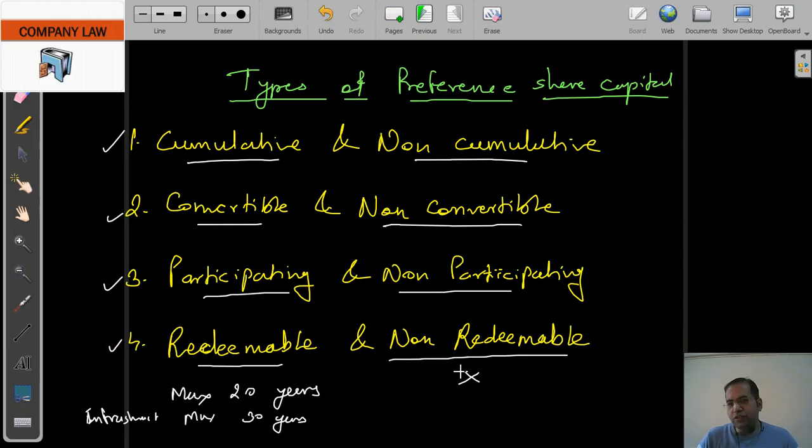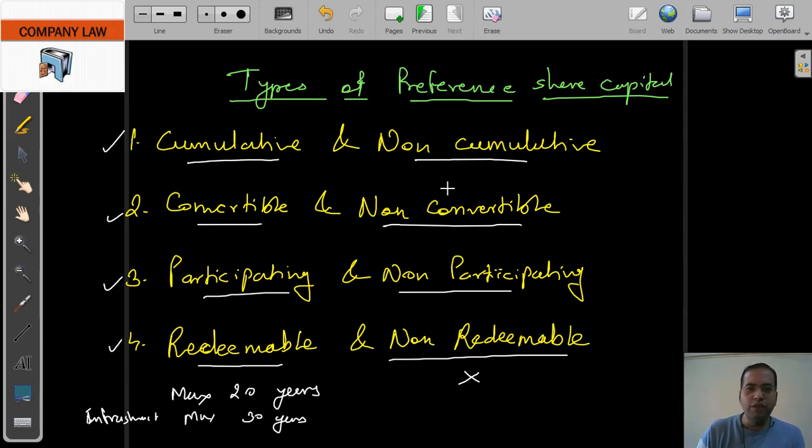Earlier, in the erstwhile Companies Act 1956, the issuance of non-redeemable shares was allowed, but now it is not allowed due to section 55. So no company can issue irredeemable preference shares. That you need to understand.